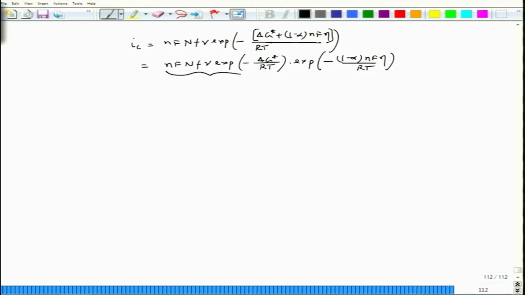So, this is again I0. So, IC equals I0 exponential minus (1 minus alpha) nF eta by RT.